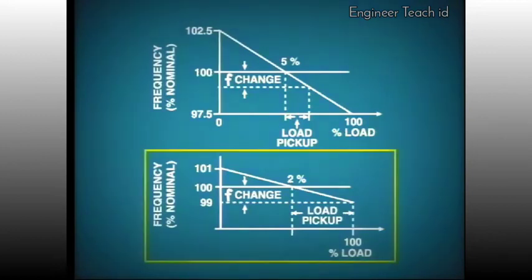The generator with the lower setting will pick up or throw off proportionally more load than the other generators on the system. Check with your supervisor for correct droop settings on your machines. Remember, the lower the percentage droop, the more sensitive is the governor. And oversensitivity can cause unstable operation and hunting of the unit.